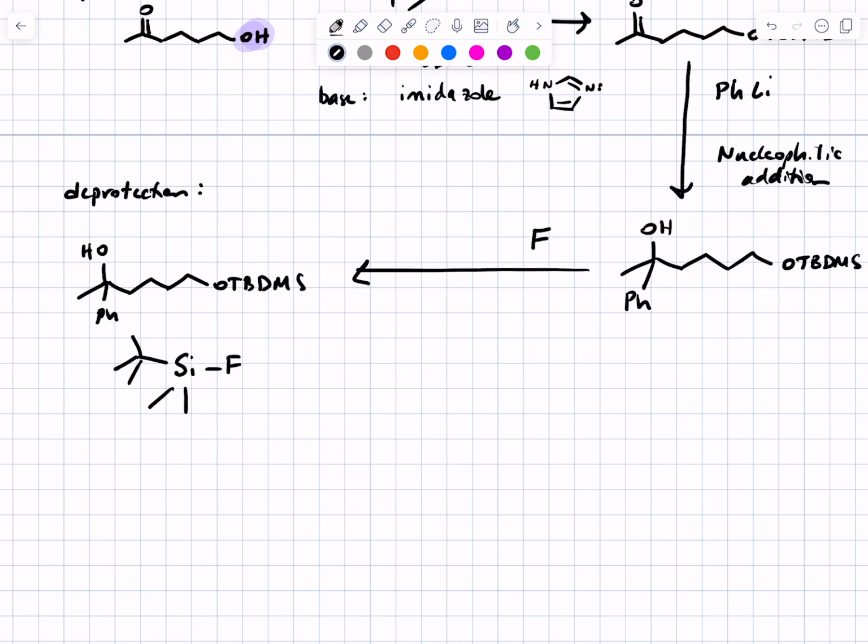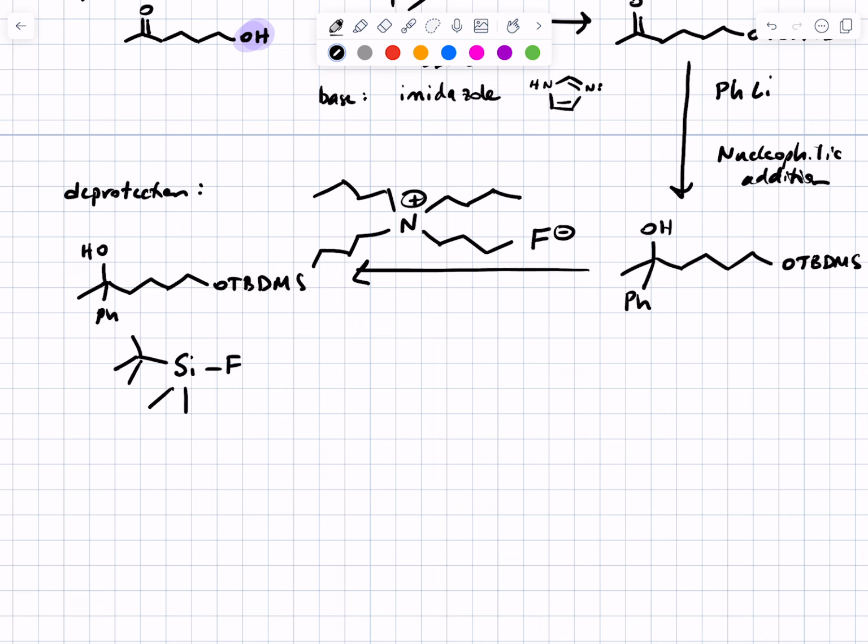You need a source of fluoride that is soluble in organic solvent, and so one of the things they do is use as a counter ion a positively charged ion that's got a lot of carbons in it. This is a quaternary ammonium group.